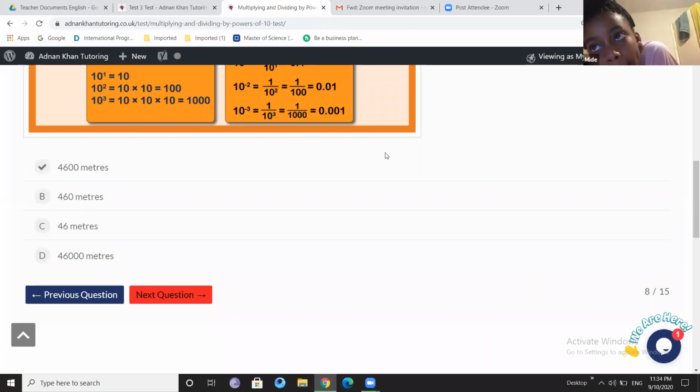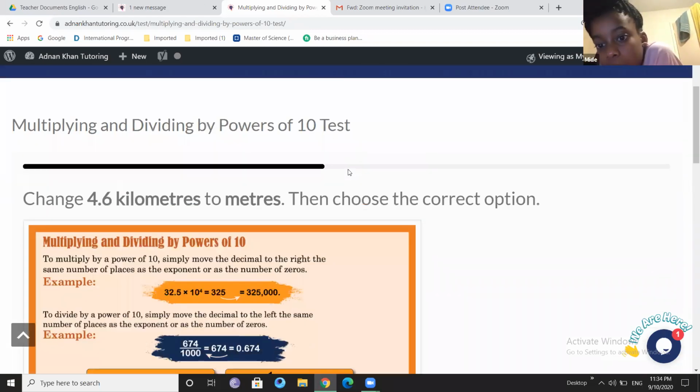For this one, let's go to Elena. Okay, so we have a different type of question over here. Let me teach you something that you will remember, because it's a very nice way to do these type of questions. We have centimeter over here, then meter, and then kilometer.